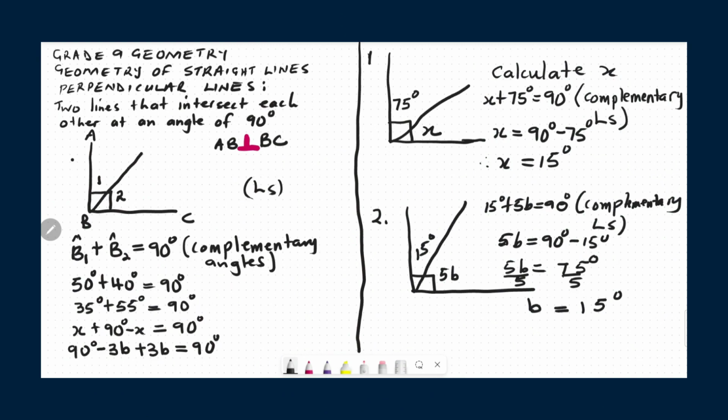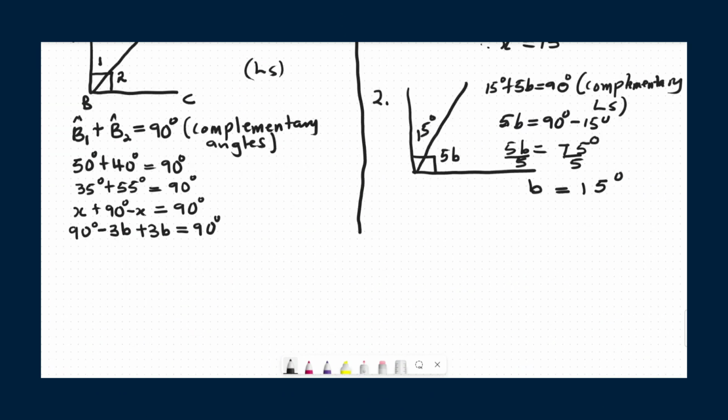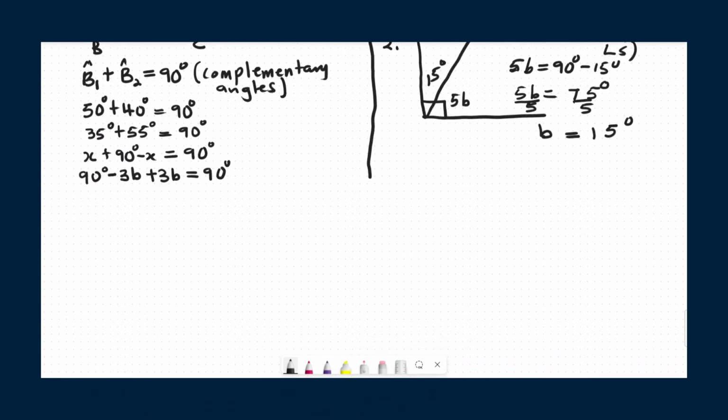Right, I'm going to give you a slightly different example now. Let me scroll the page. Number 3.